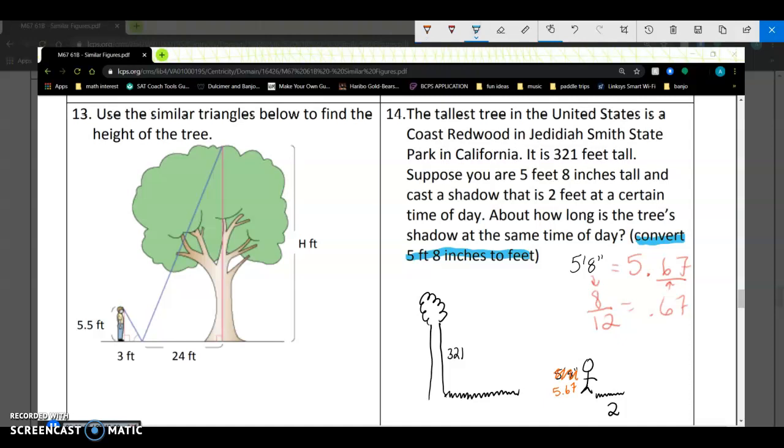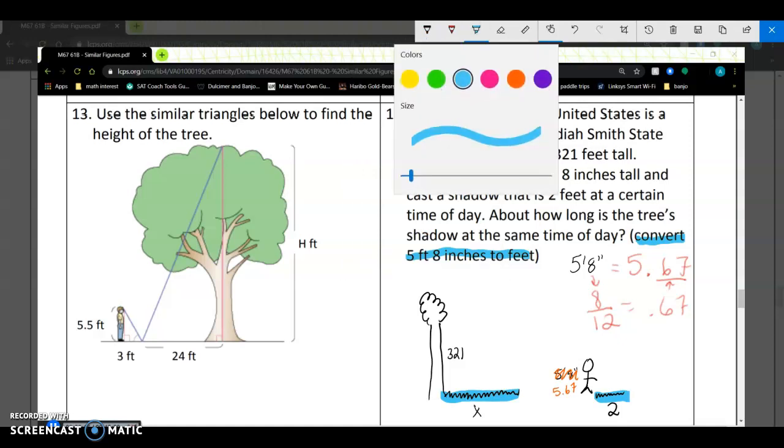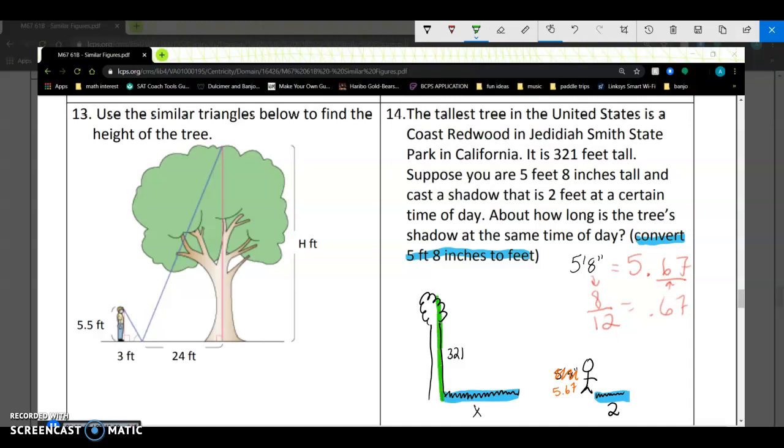So I'm going to start by highlighting my corresponding sides, shadow in blue, calling this side X. Then we're going to look at our heights, because the heights are like corresponding pieces. Boom, height there. We can set up our proportion now. We have greens here and we have blues over here.